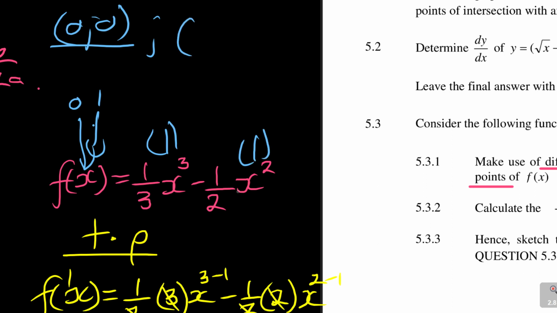Put 1 on your calculator, that will be f(1). 1 cubed just remains as 1 the entire time. So it's 1 over 3 minus a half. So when x is 1, what is y? It is negative 1 over 6. That's it, man. You get it.